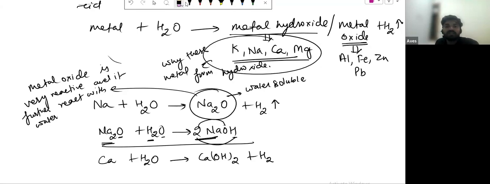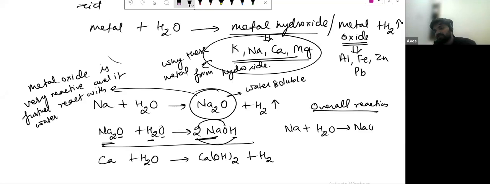So the overall reaction is: Na when reacts with water forms NaOH plus hydrogen gas, dear student. It does not form the intermediate, that is Na2O.